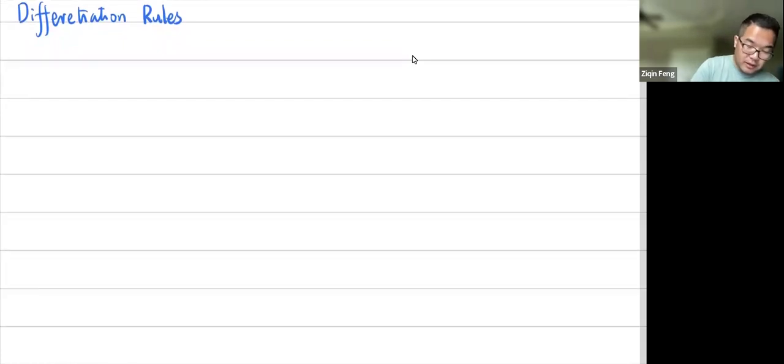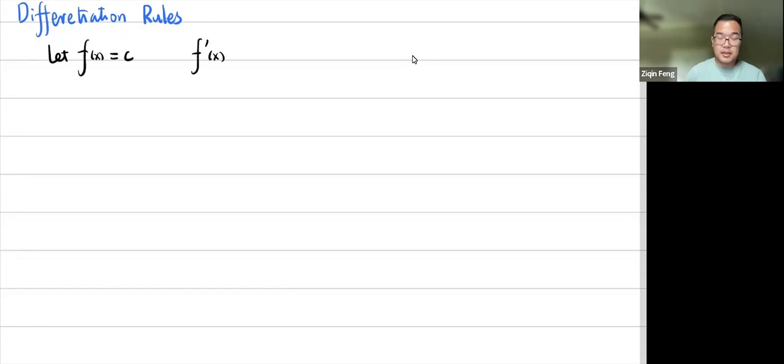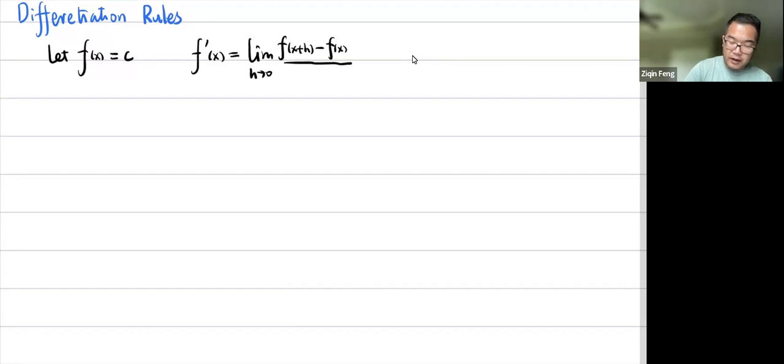So let f of x equal c, as a constant function. We want to calculate f prime of x. By our definition, to develop new rules, we need to apply the definition: as h goes to 0, f of x plus h minus f of x over h.